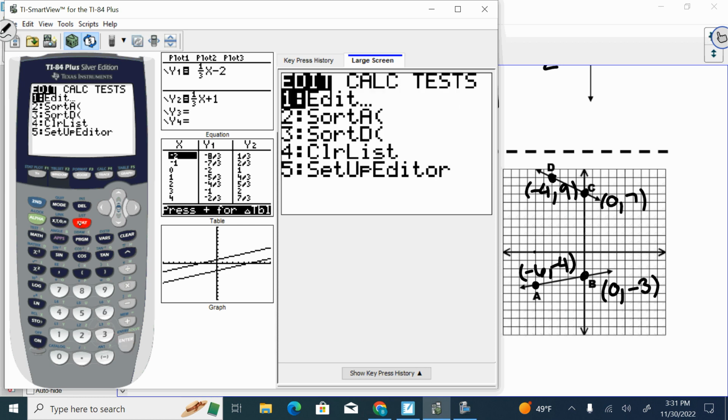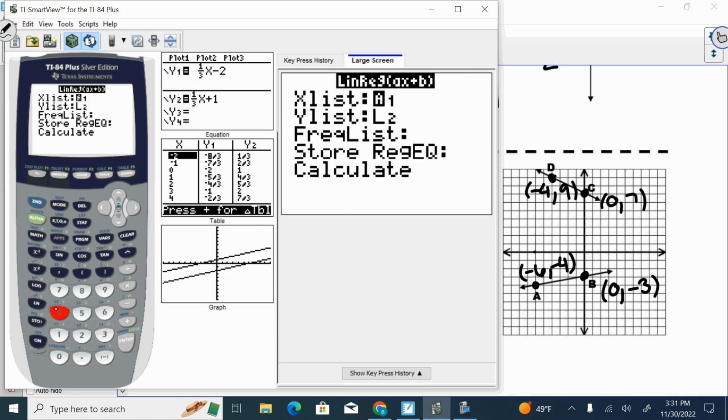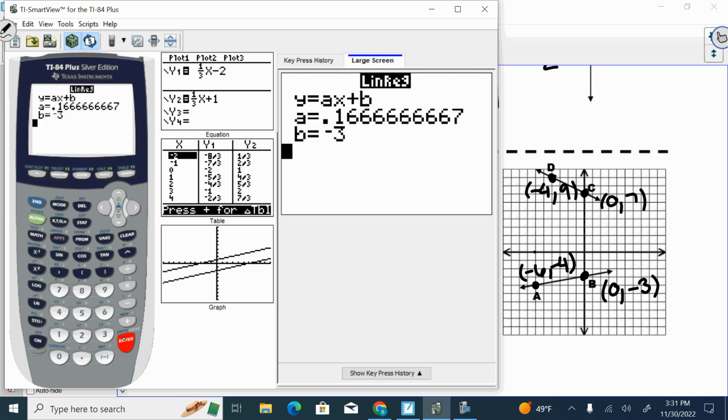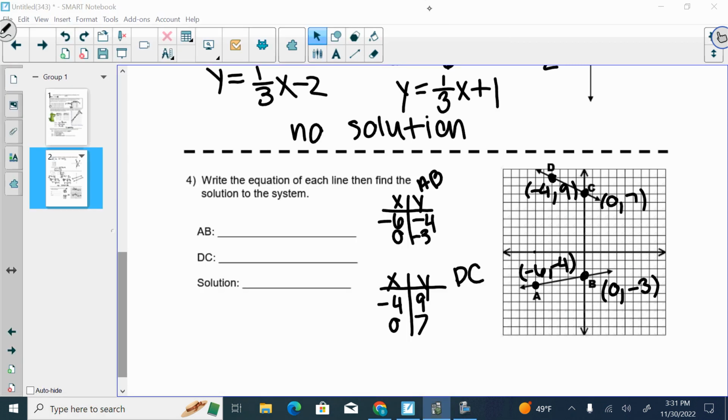So stat, calc 4. What's going to be the equation for line AB? All right. So we need to convert that to a fraction, right? So 1.66666 repeating converts to 1/6, right? So we got 1/6x minus 3.